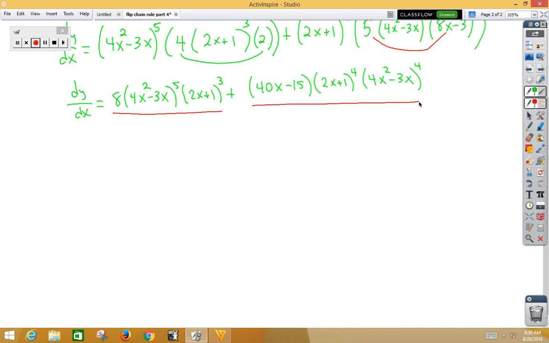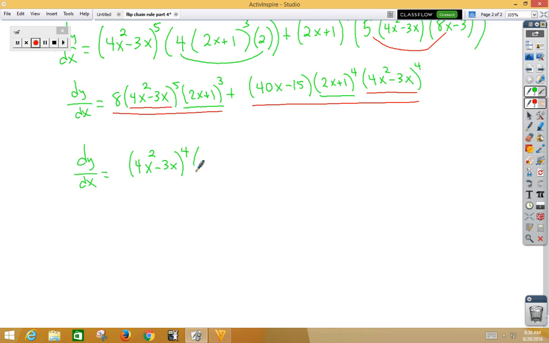So let's go ahead and start with our 4x squared minus 3x to the fifth power and 4x squared minus 3x to the fourth power. The smaller exponent would be the fourth power, so I'm going to factor out a 4x squared minus 3x to the fourth power. I have a 2x plus 1 cubed and a 2x plus 1 to the fourth power.